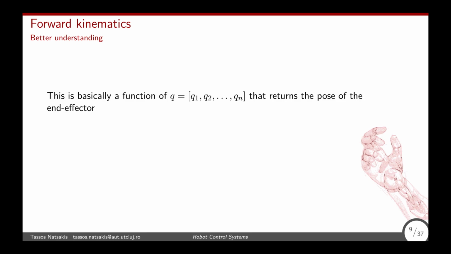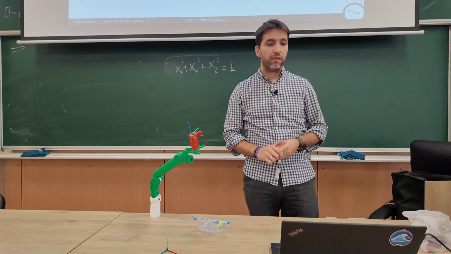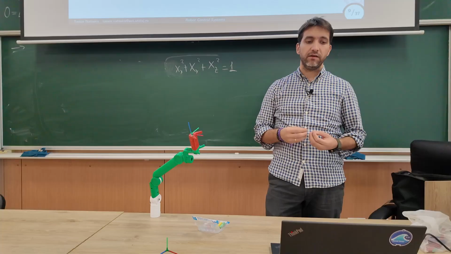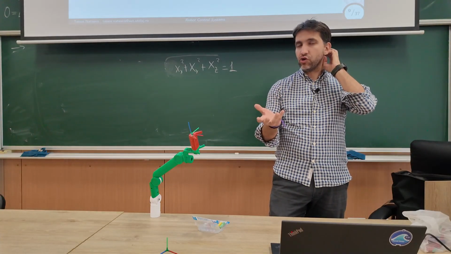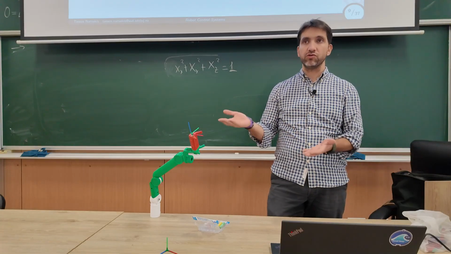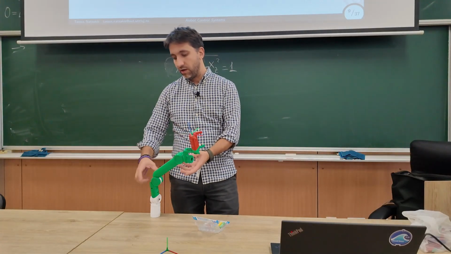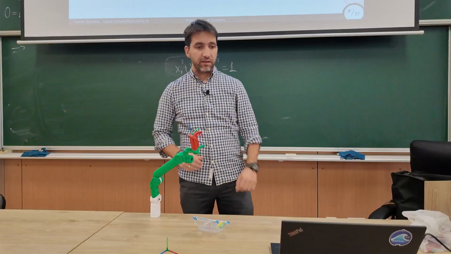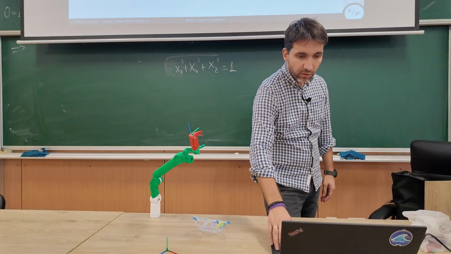We said many times that forward kinematics is a function of joint coordinates, q, that basically it gets this as an input, the joint coordinates, and what it returns as an answer is the pose of the end effector. If I know my q, I know where the end effector is. Right, so we write it like this.